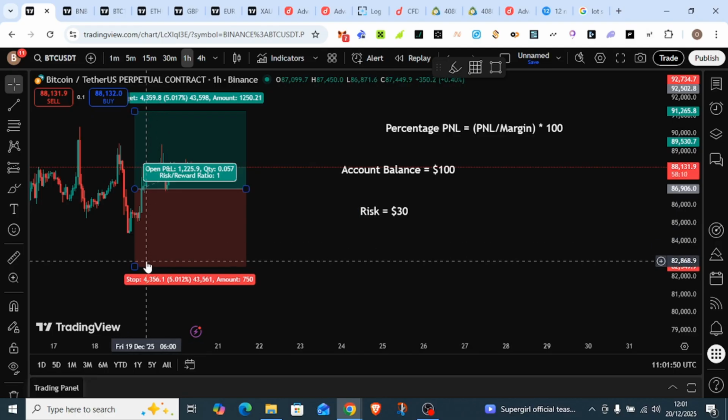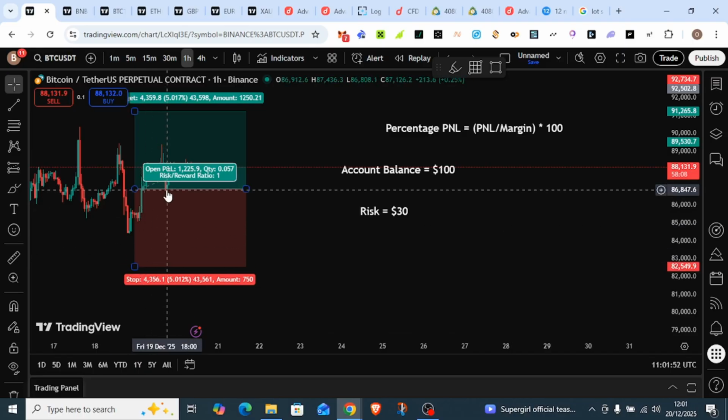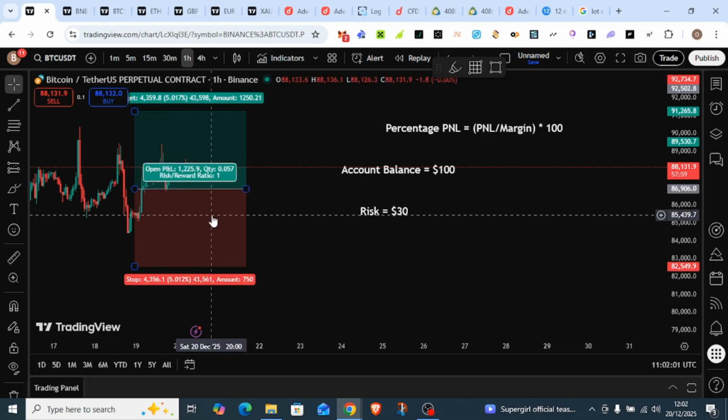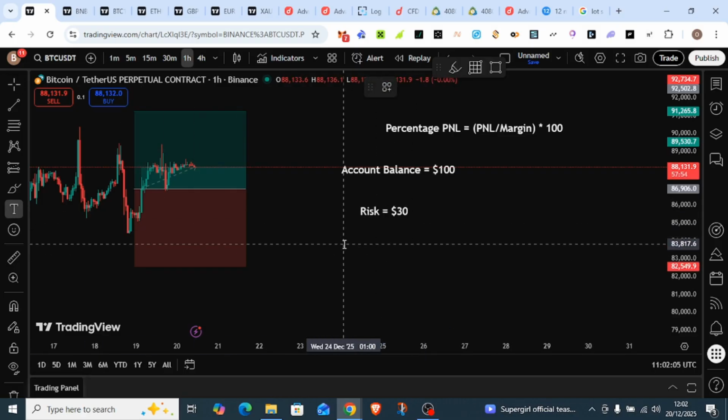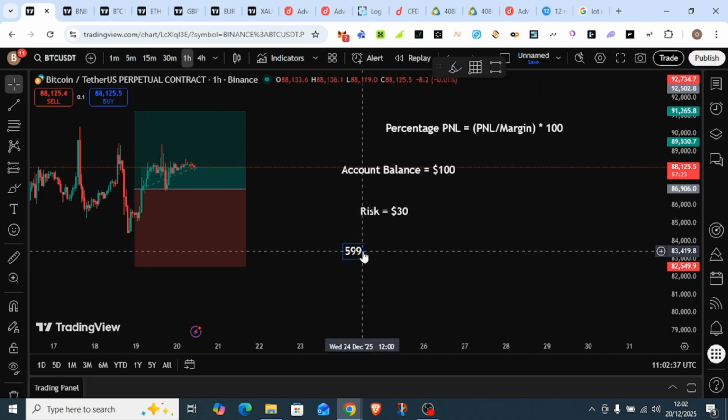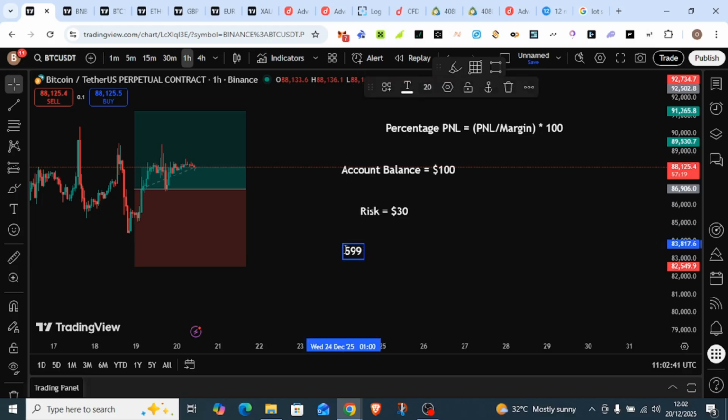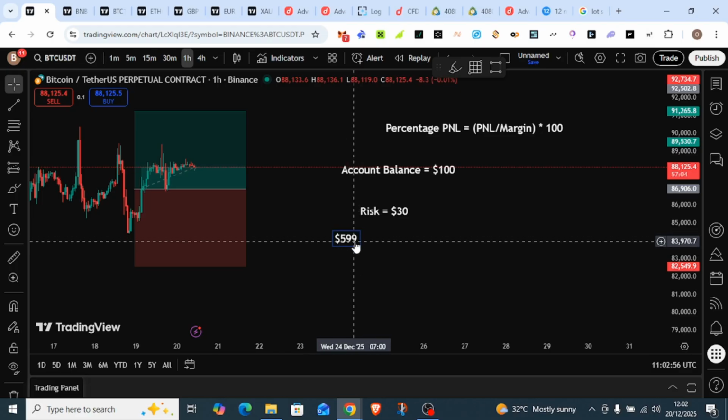The percentage from this point to this point, which is the stop loss distance, is 5.012%. So calculating our position size from this setup will give us $599. This is going to be our position size.